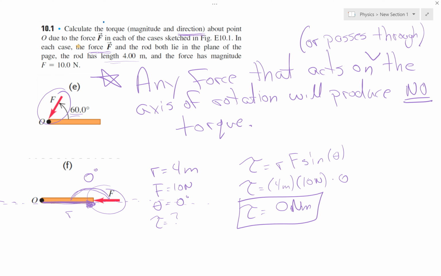They could still produce translations, but that isn't a torque quantity. That would be something from chapter 4 when we do Newton's laws or the sum of forces, and we have linear systems, which is not what we're going to look at. These are just rotations. So these two examples are the most common examples where we will produce no torque at all. If you are acting on the axis of rotation or if you are passing through the axis of rotation.